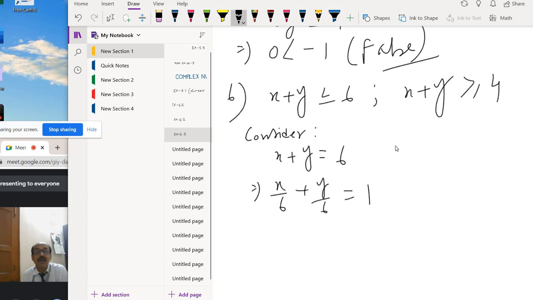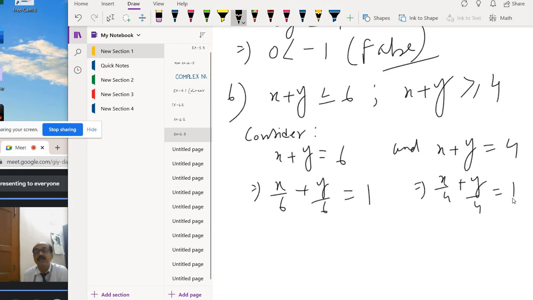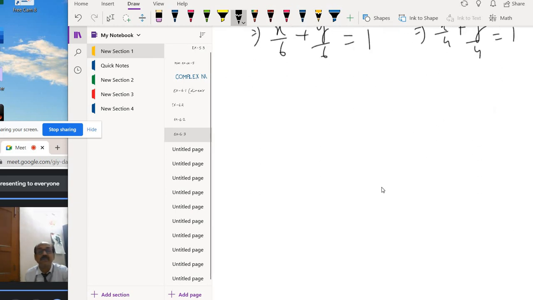Okay, and for the other line, x by 4 plus y by 4 equals 1. Okay, now draw the x axis and y axis.